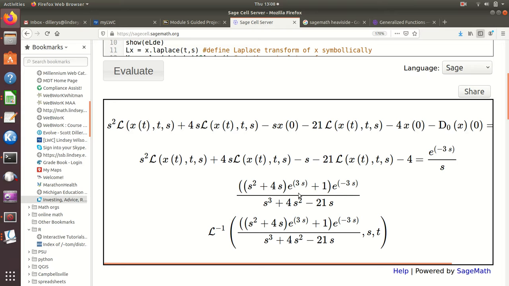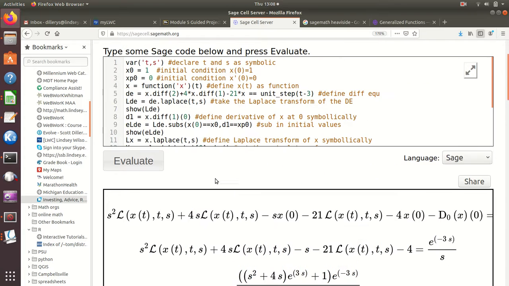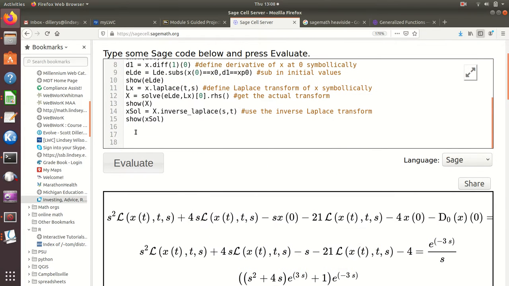So I thought, well, I'm going to try expanding this whole expression and see what happens. I put in this command. Instead of x, the Laplace transform over here, I'm going to call it x_expand. Doesn't have to be that long a name, but equals x.expand.